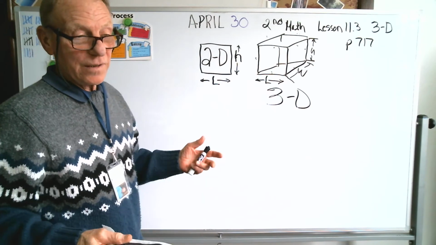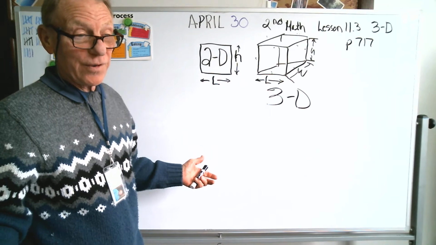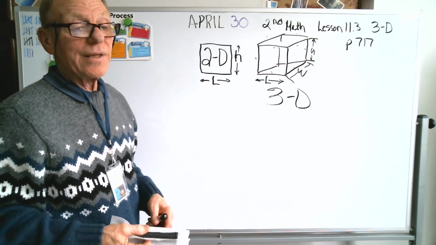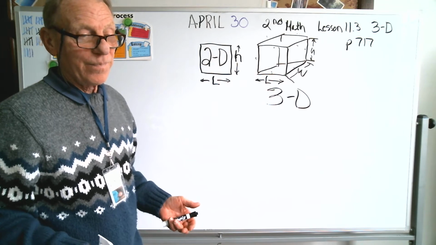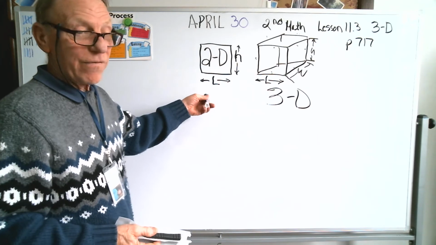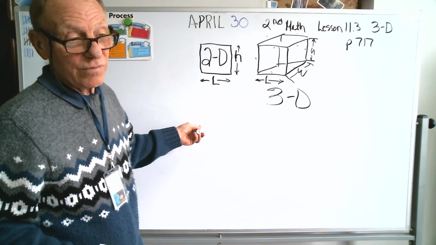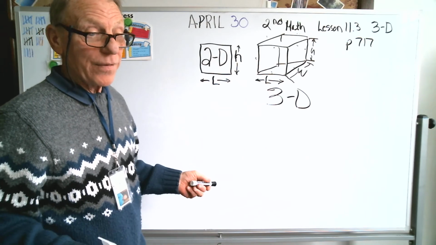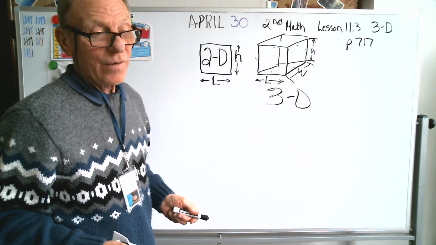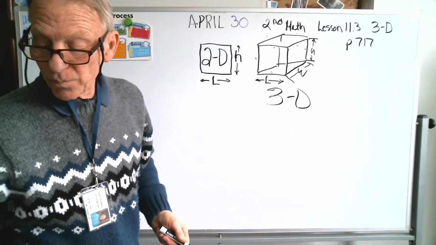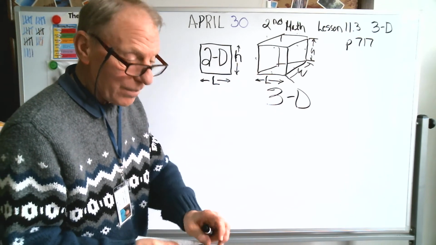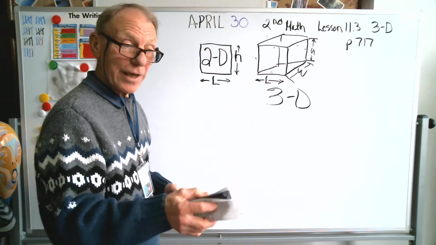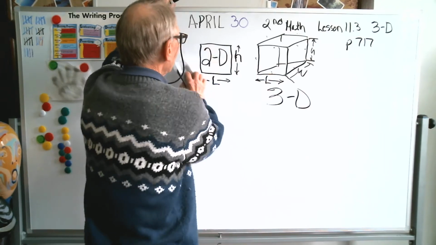If one dimension was greater than the other dimensions, then it would be a rectangular prism. That's the difference between a flat rectangle, which is just 2 dimensions, and one that has depth, and we call that a rectangular prism.